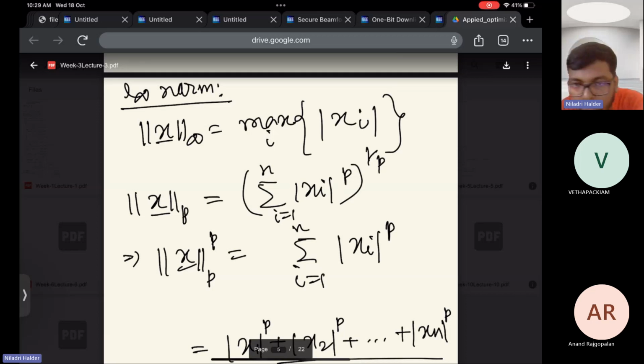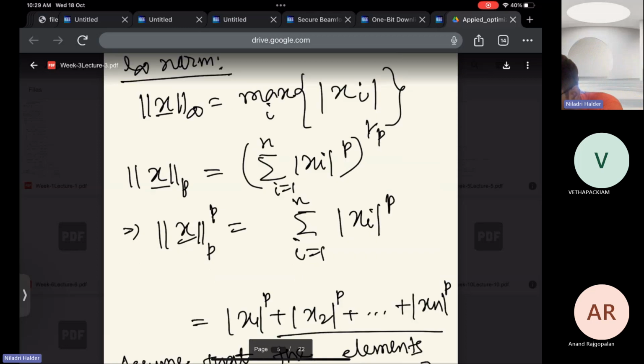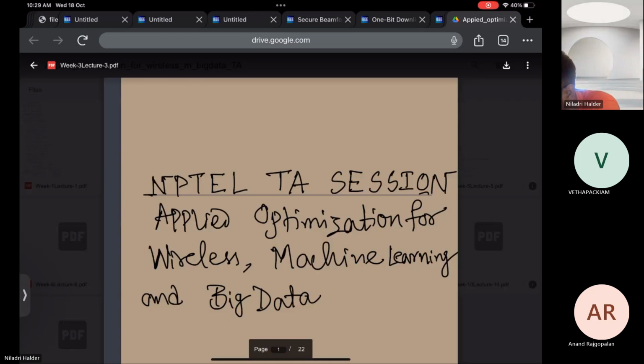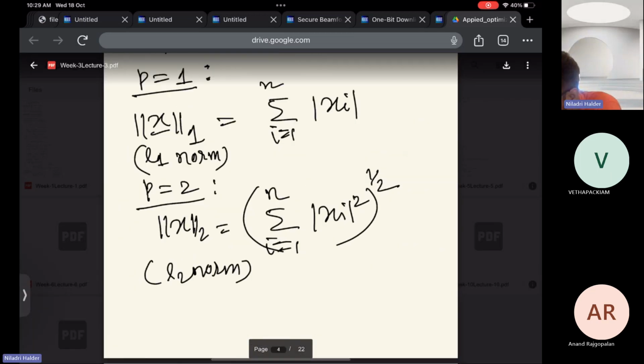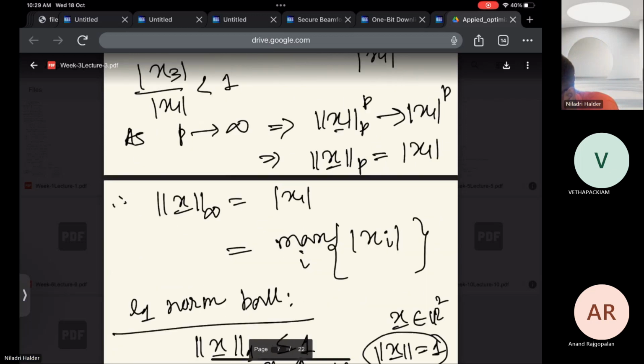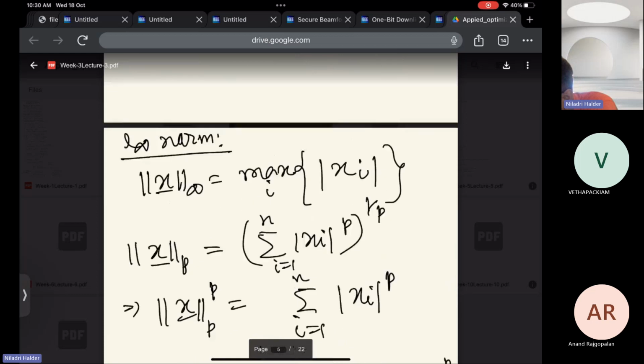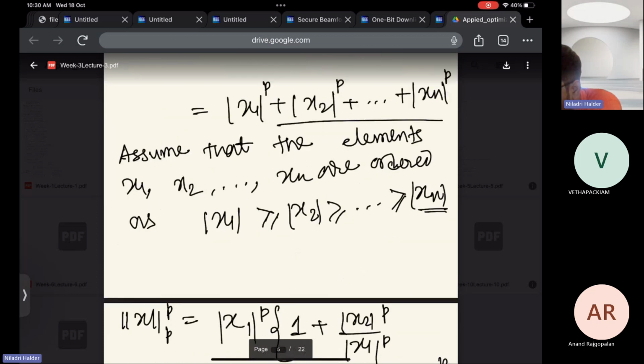Infinite norm: if you put p equal to infinity, then how do we get that from the Lp norm? The L infinite norm is equal to the maximum absolute value.